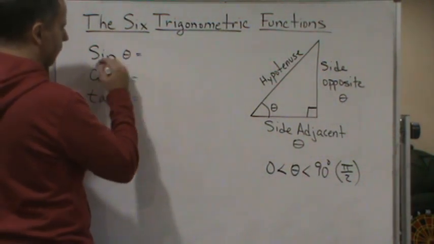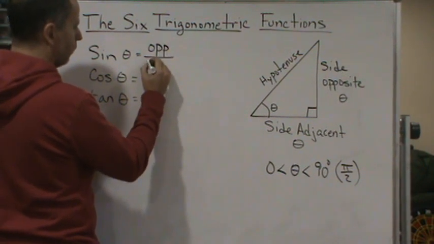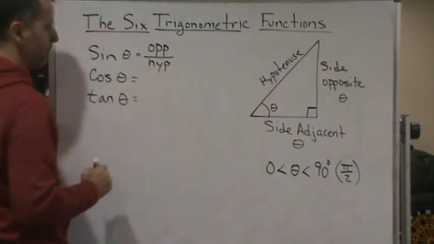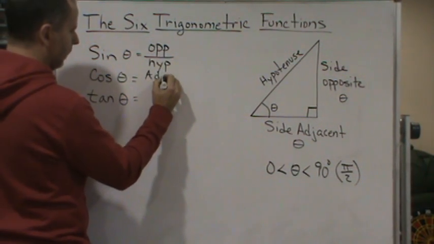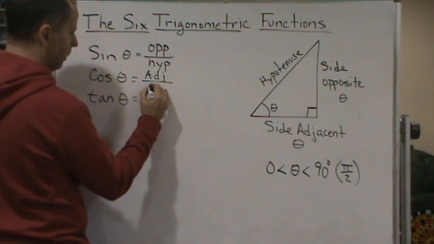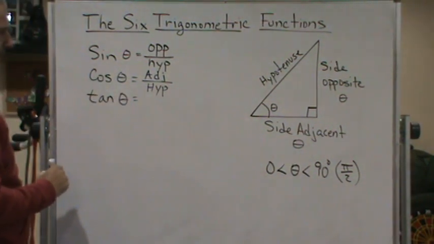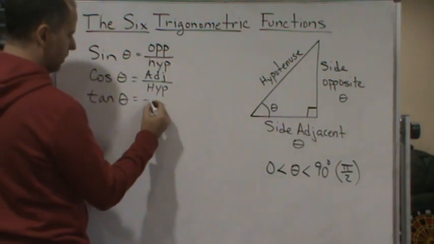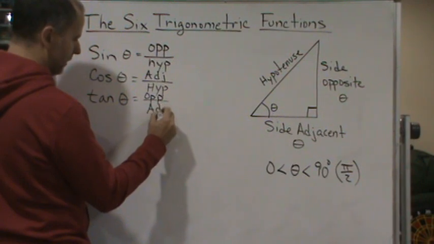For sine, it's going to be the opposite over the hypotenuse. For cosine, it's going to be adjacent over the hypotenuse. And for tangent, it's going to be opposite over adjacent.